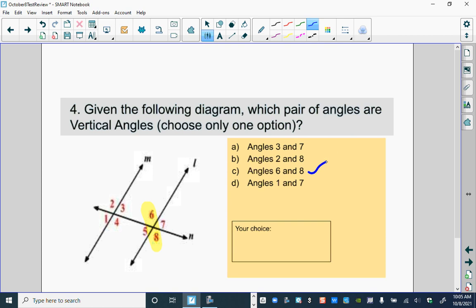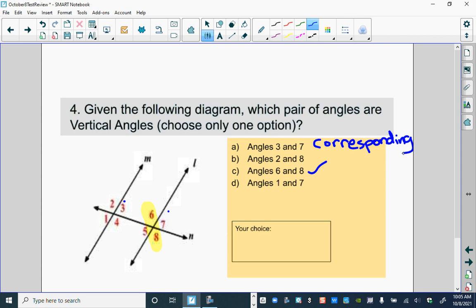Because 3 and 7 are in the same spot, so those are corresponding. And that's why on that other quiz the Charlie Brown idea worked, because you do your zigzag, zigzag, zigzag, zigzag.